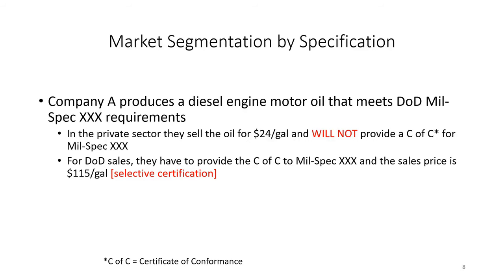The dynamics of that market are totally different, and so the conformance to the military specification allows this company to sell that gallon of oil to the military for $115 a gallon. They've segmented that market not by the fact that the oil is different, whether it's going to one segment or the other, but simply whether they will certify it to a very specific and rigid specification.